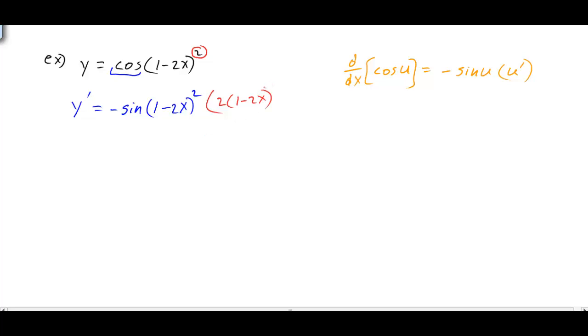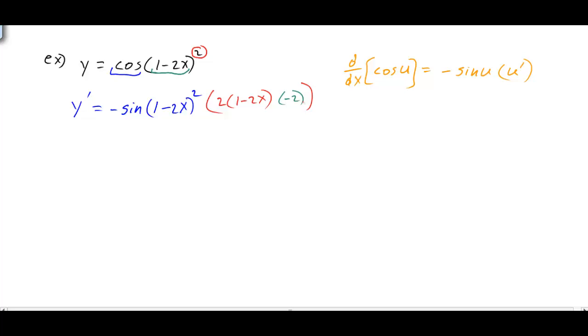And then this drops your exponent down to a 1. And then we need to take the derivative of the inside of that function, which is the 1 minus 2x. So the derivative of negative 2x would simply be a negative 2.